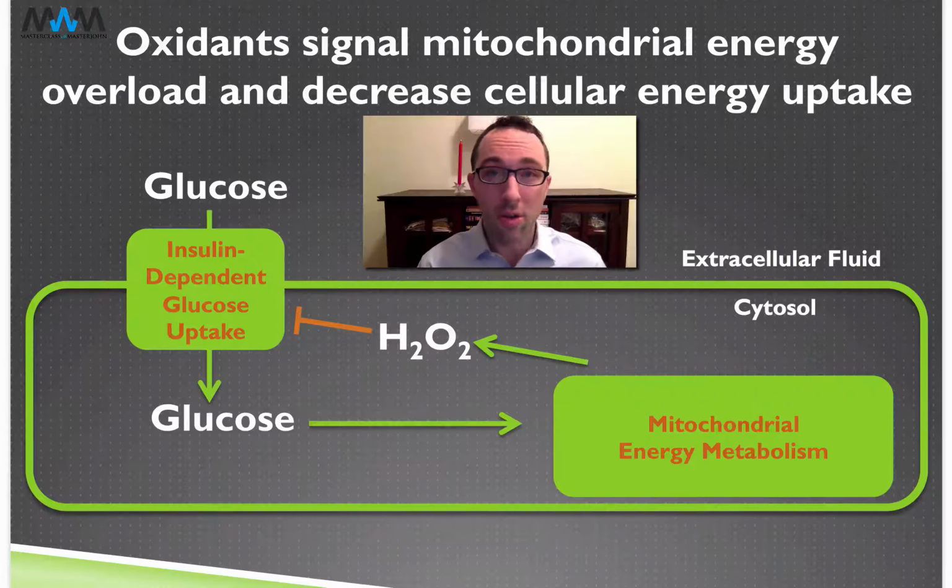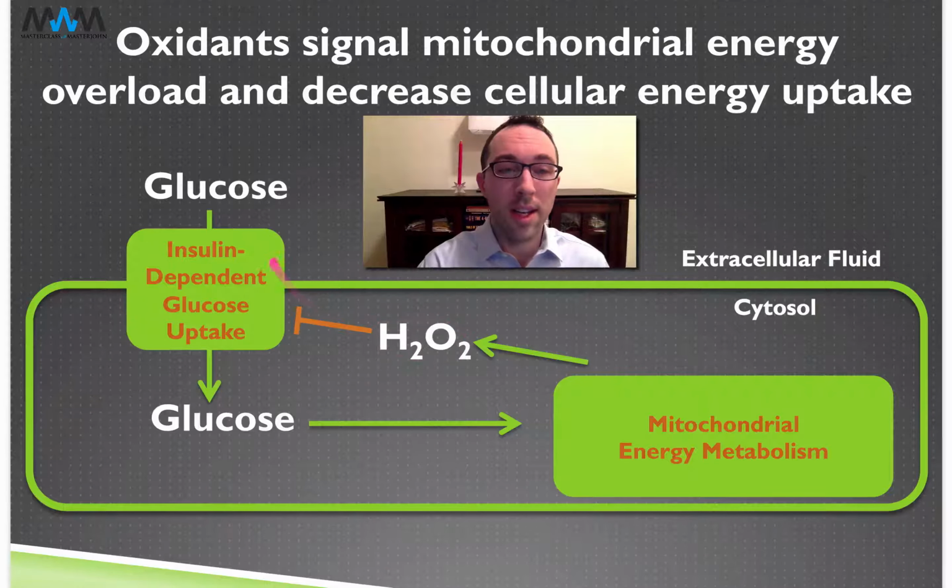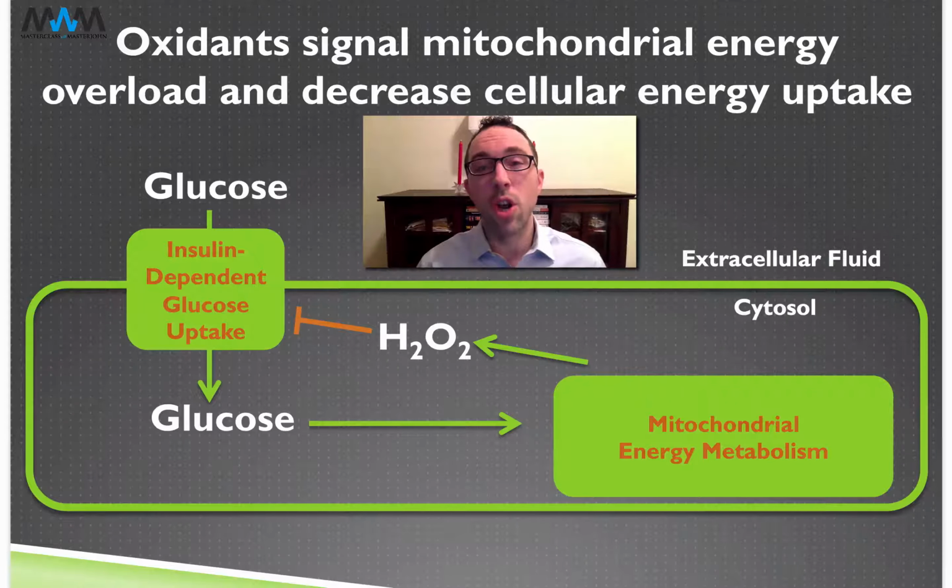Now, let's suppose, however, that 95% of the person's cells are not taking up glucose, or 99%, or 100%. In that case, this mechanism, where hydrogen peroxide will inhibit glucose uptake into the cell, is predominating throughout the body, and there's nowhere to go for that glucose except out into the blood, outside the cells.